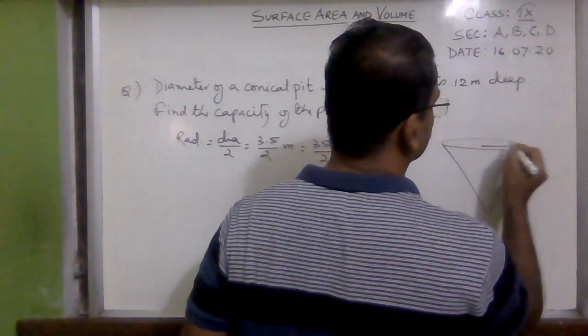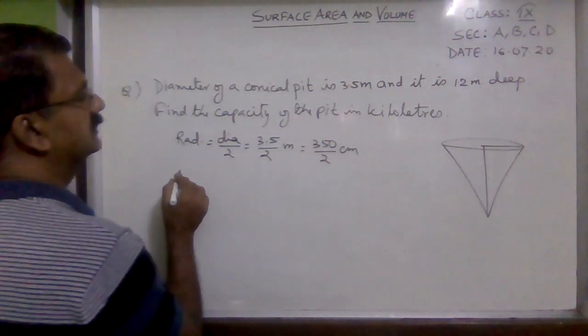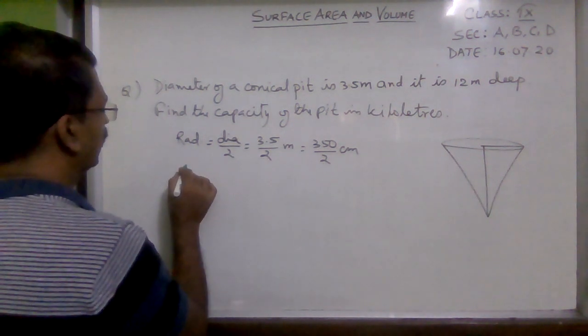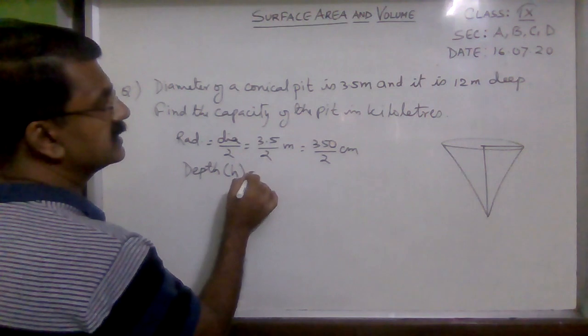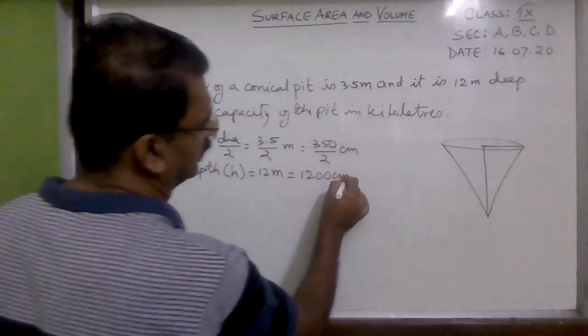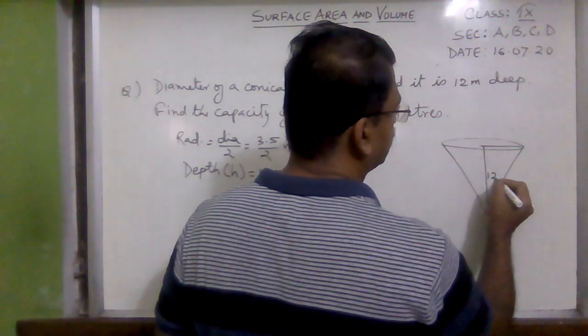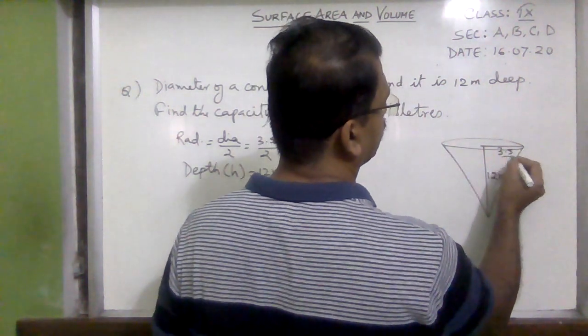Now the height is given, that is the depth here. Depth is 12 meter, or you can say 1200 centimeter. This is 12 meter and this is 3.5 by 2 meter.